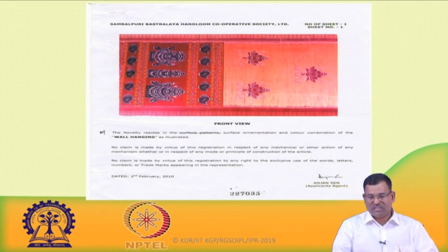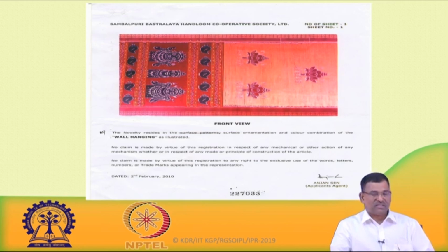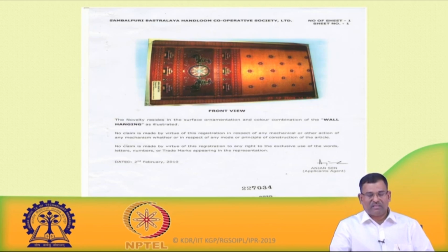We registered it in the year 2010 and got the certificates, and you can see the others as well. All these are textile products, and the aesthetic aspect is clearly written here: the novelty resides in the surface ornamentation and color combination of the wall hanging as illustrated.